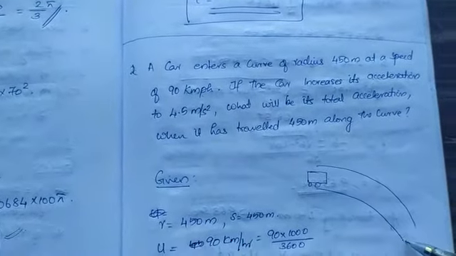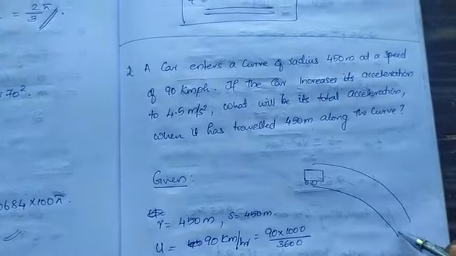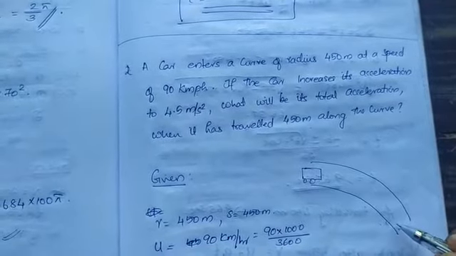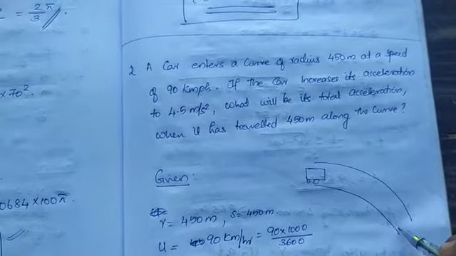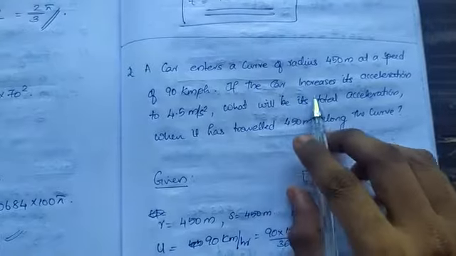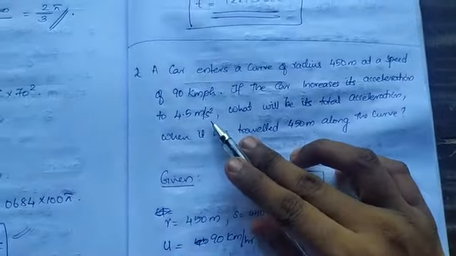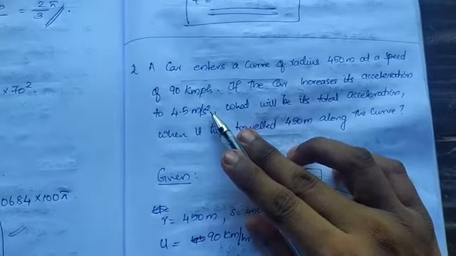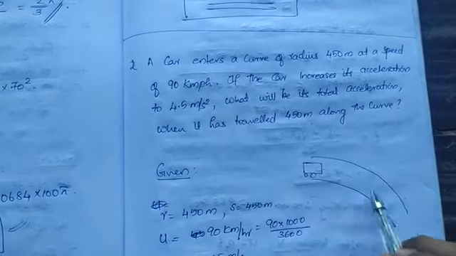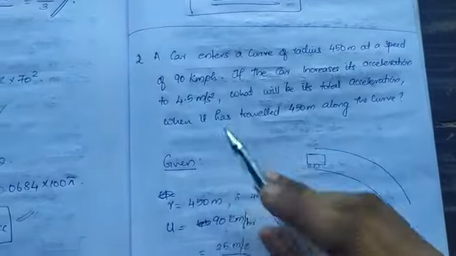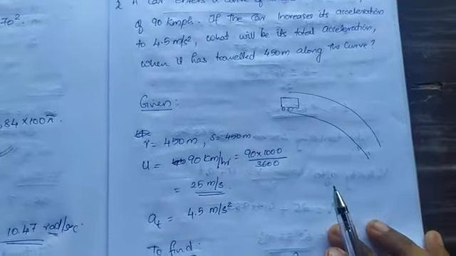So throughout the radius, that means it has traveled 450 meter. So distance is also 450 meter. Since this is a curve, it has increased its acceleration, I mean, AT is 4.5 meter per second square.